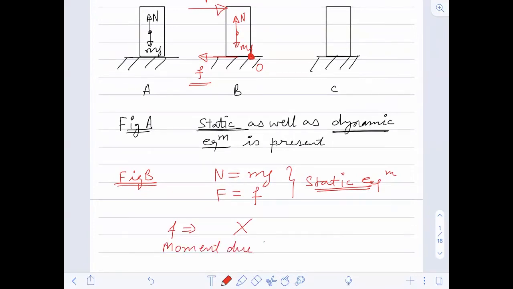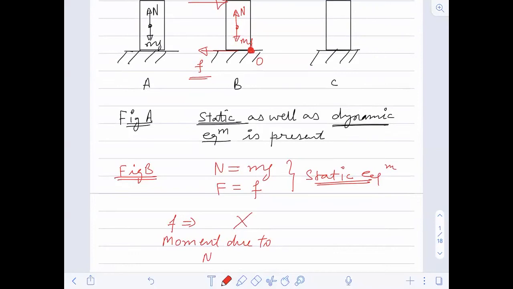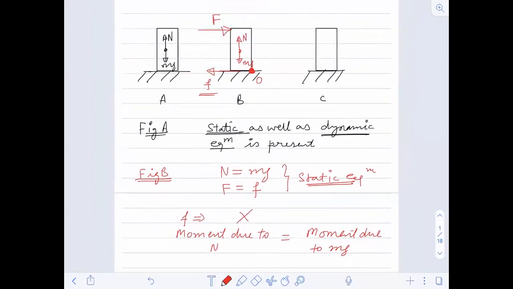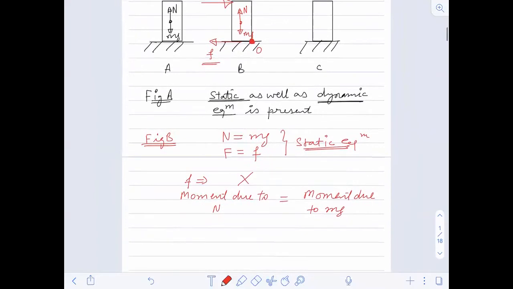Moment due to n will be equal to moment due to mg, and because mg and n are both equal, n will give a clockwise torque and mg will give an anti-clockwise torque, so they will get cancelled.